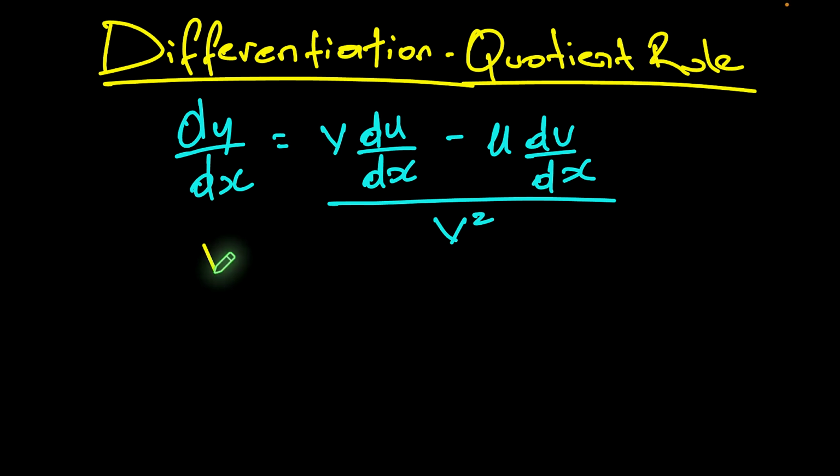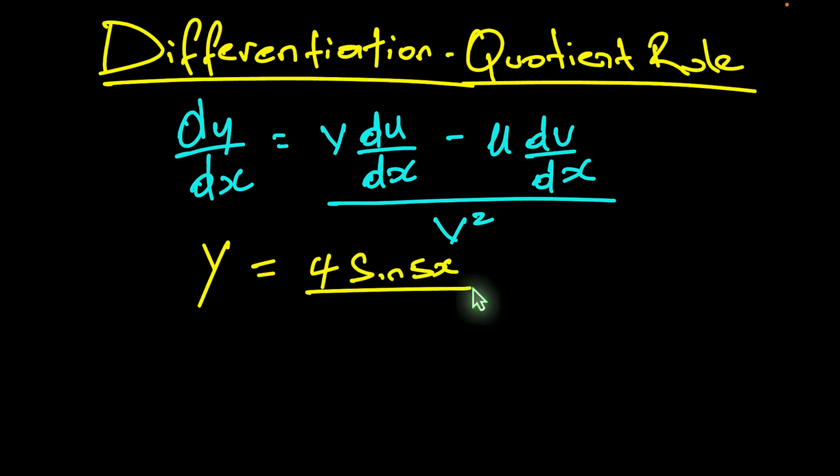Now, let's have a look at an example of how we will apply this. It's a quotient rule, so we will have to have a function where there is some division of terms taking place. So let's say we have 4 sin 5x, divided by 5x to the power of 4. Just like we did previously, we are going to assign each of these terms to a letter.